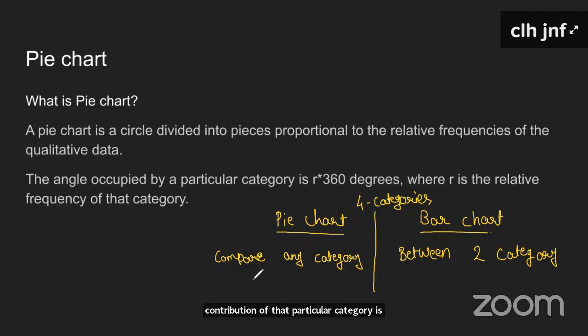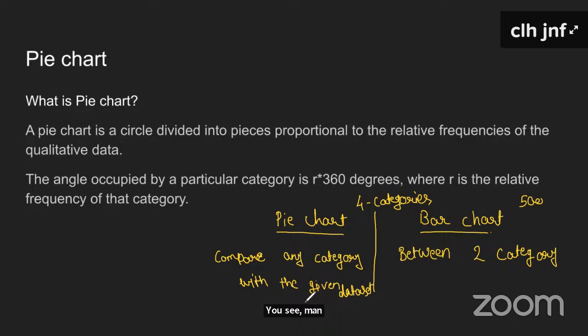Are you getting it? A pie chart also shows the share of the category. Let's say the number of observations is 500, and someone asks you to compare a category with the whole data set. Excuse me, ma'am. Yeah.